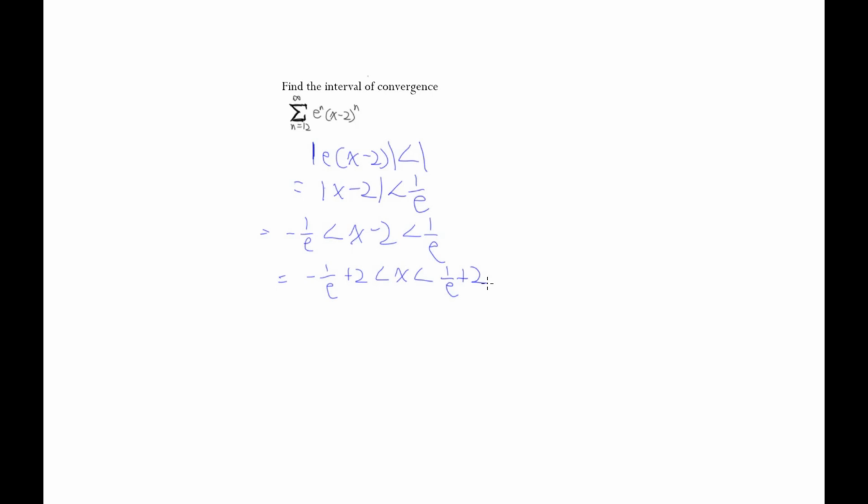So now we have to test whether x does converge at these endpoints specified here. We just test that by plugging in this value into x for the sigma sum above.